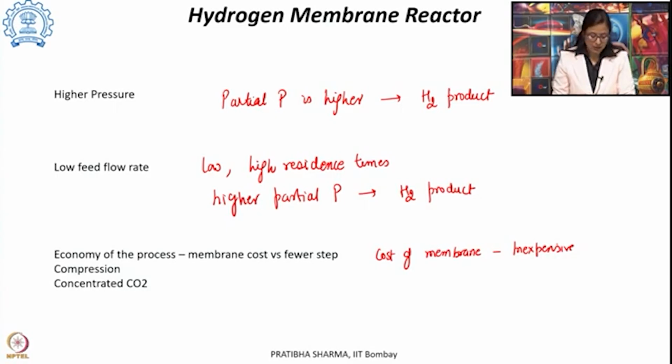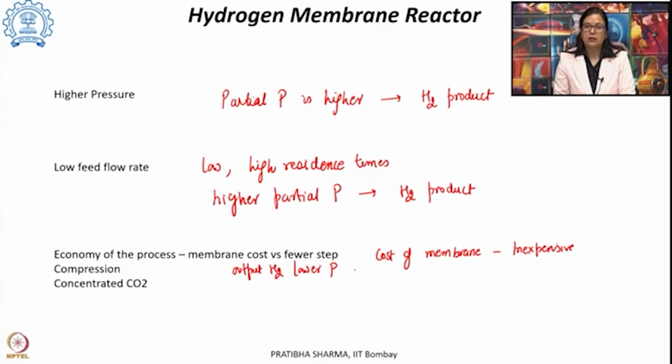At the same time, since the product hydrogen is obtained at a lower pressure in the process, compression becomes essential for using that hydrogen. So, energy is required for compressing hydrogen to higher pressure.